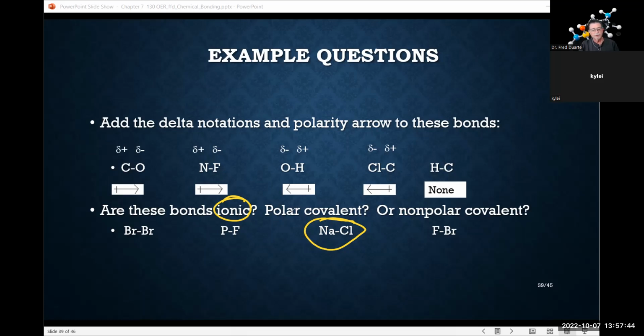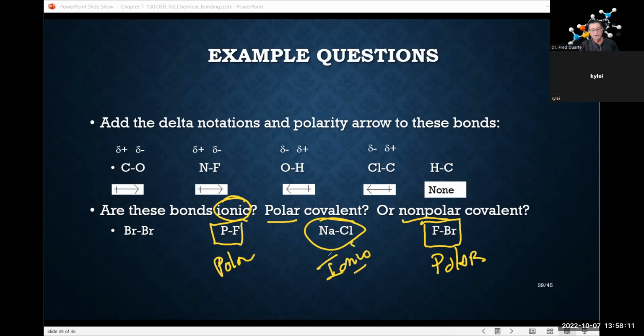Okay, and so the question after that is, who's polar, who's nonpolar? Well, the fact that we just stated that this is covalent, and furthermore, that there are two dissimilar atoms bonded, automatically tells you that these are polar. This one's ionic because of the metal-nonmetal combination.